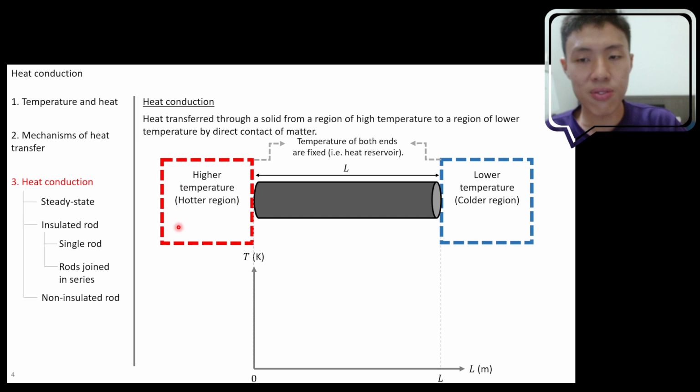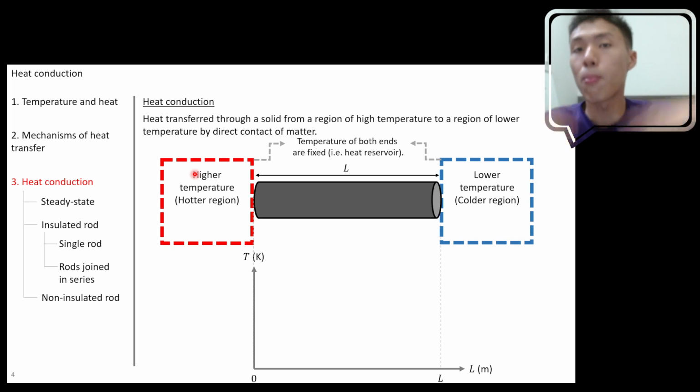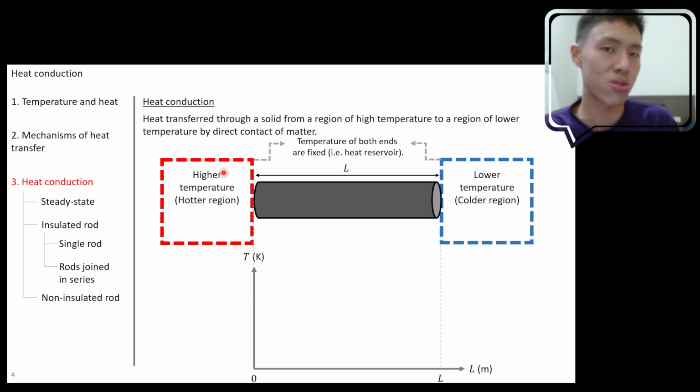Even though at the hotter region there's always energy that exits the hotter region to enter the rod, the rod takes away the energy from the hotter region, but because you are constantly boiling the water, your fire is supplying energy to this hotter region to maintain it at 100 degrees Celsius.